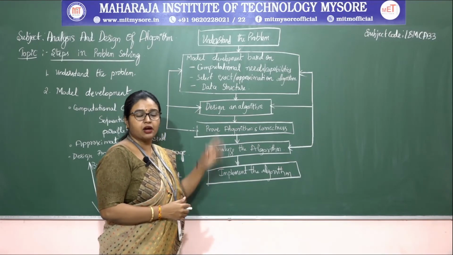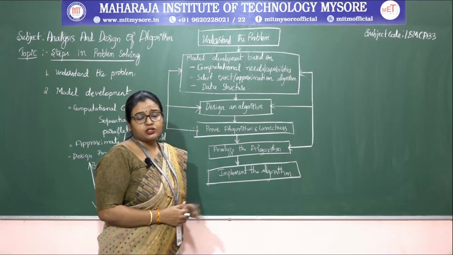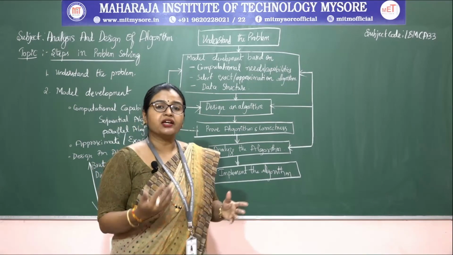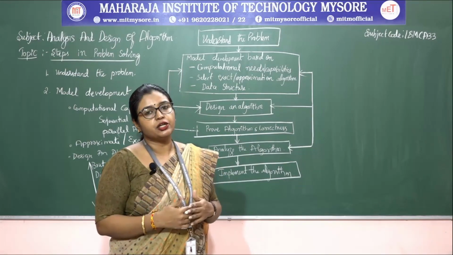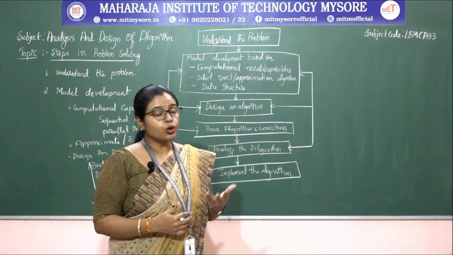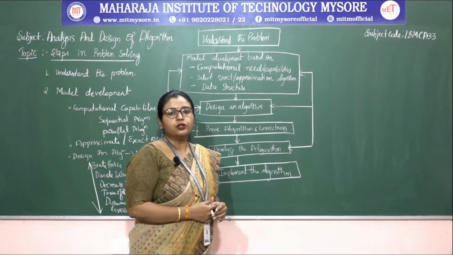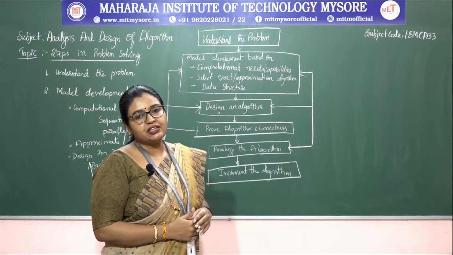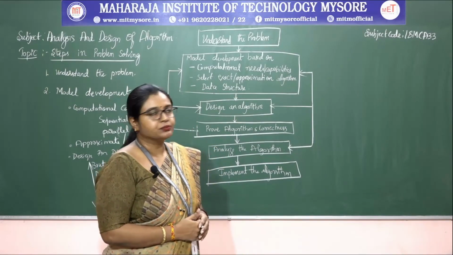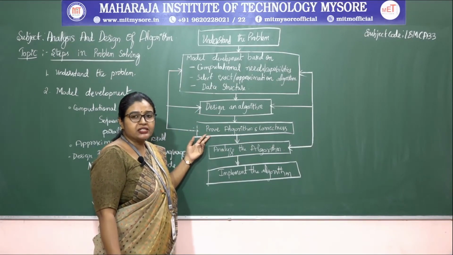Obviously, we need to select the appropriate data structure for your problem solving. Next is design. Using various techniques, you can design your algorithm. Once you design your algorithm, you can represent it using a flowchart, pseudocode, or English-like statements. It is better to write in pseudocode so that it is easy for coding or programming. Once you design your algorithm, we need to prove its correctness.